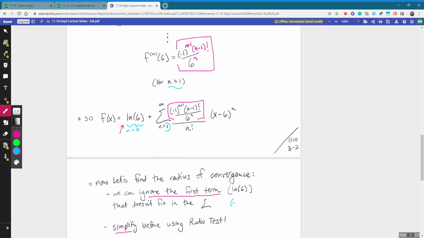All right, we have (-1) to the n plus 1, and then n minus 1 factorial. And here, if we take this n factorial and think of that as n factorial over 1, and we flip this bottom fraction and multiply, the n factorial is going to cozy up right next to the 6 to the n.